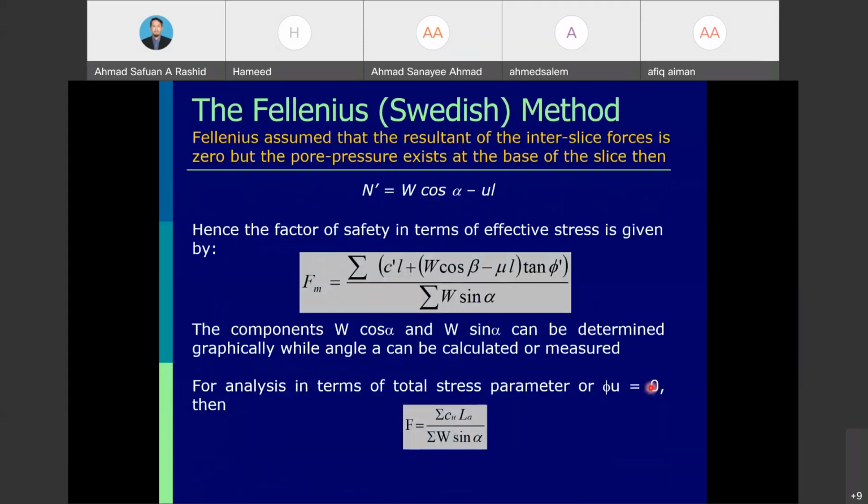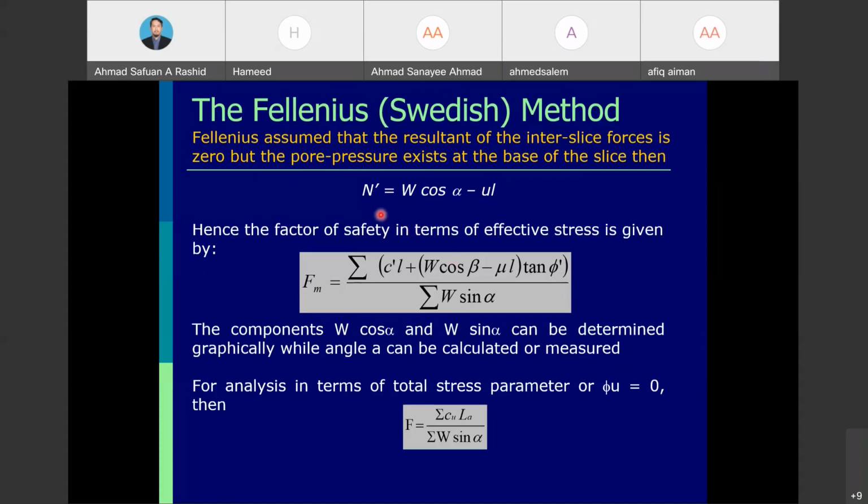Okay, then a little bit of improvement has been made by Fillenius. Fillenius assumed that the resultant of the interslice force is 0, but the pore water pressure exists at the base of the slice. Okay, so then include the pore water pressure value.